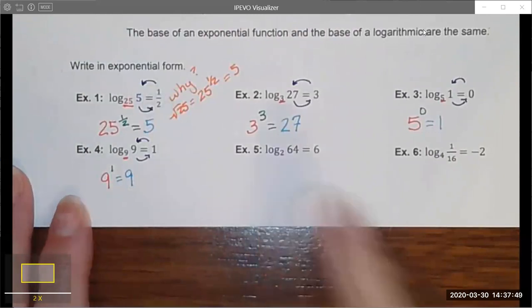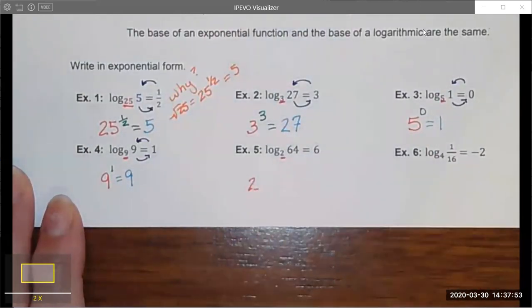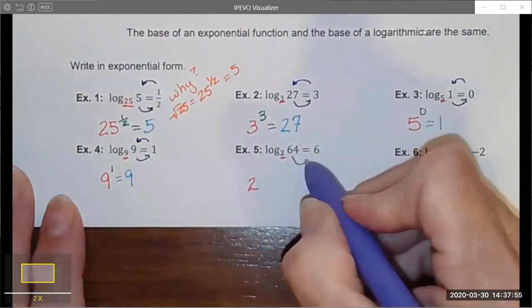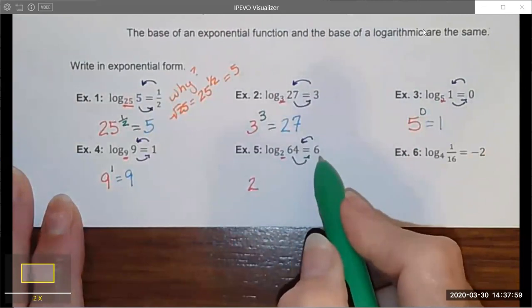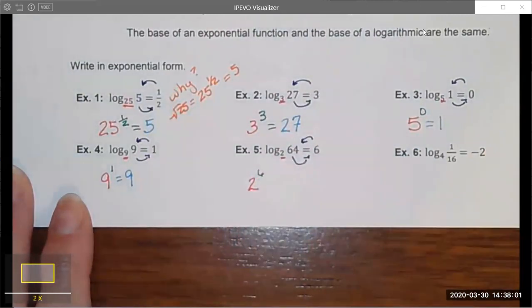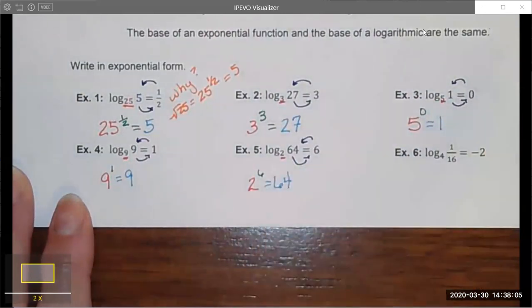Example 5. Identify your base. Do your log roll. Roll the log. The exponent is what you were equal to, and your log swaps places. 2 to the 6th power is indeed 64.